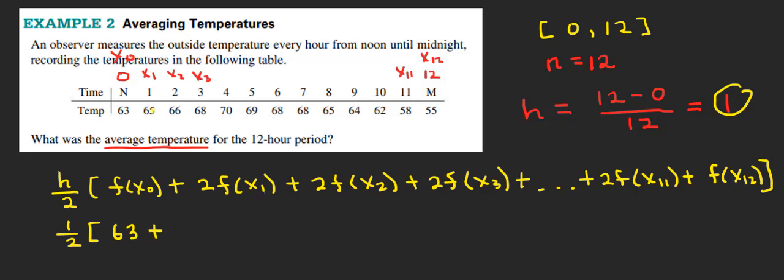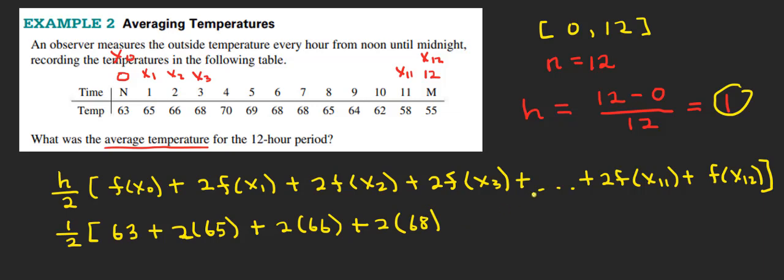That's 65, so it should be plus 2 times 65, plus 2 times f of x2, which is 66, and so forth.